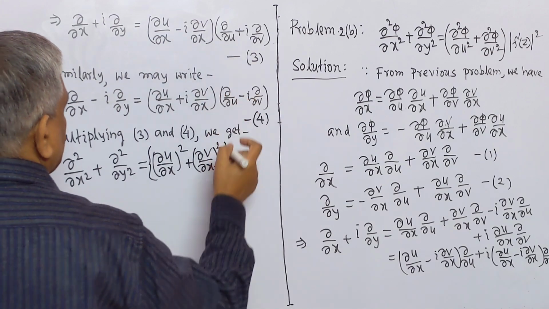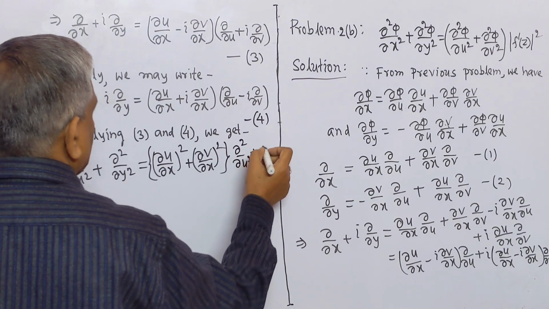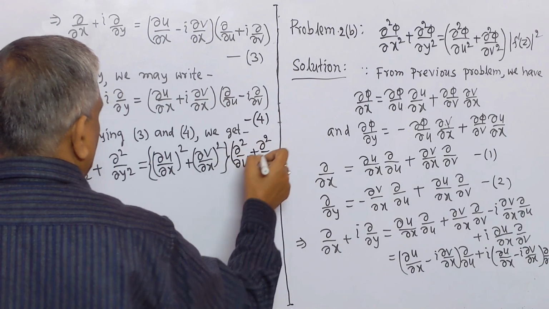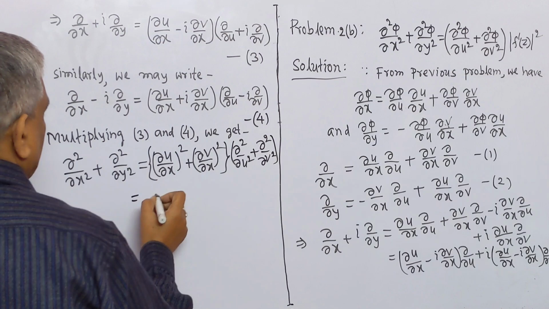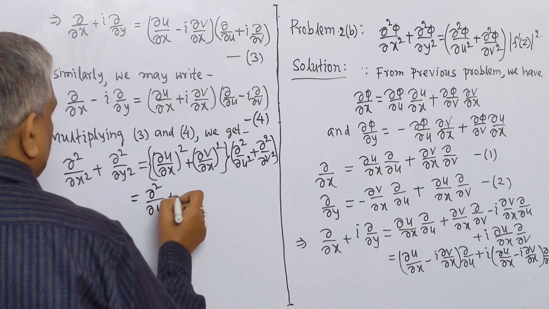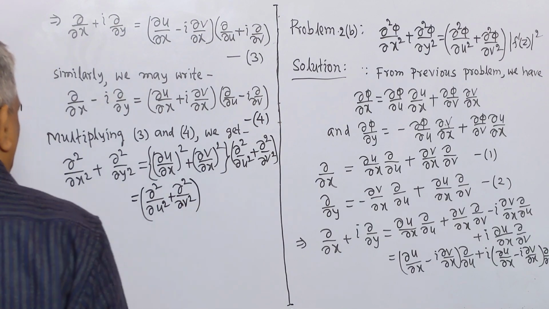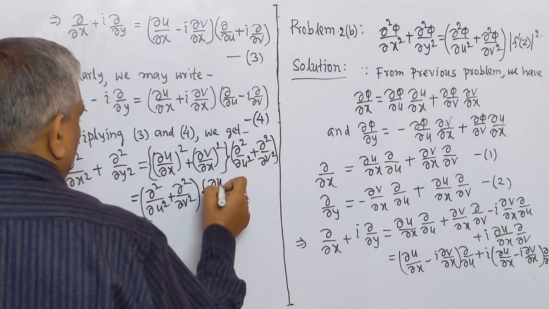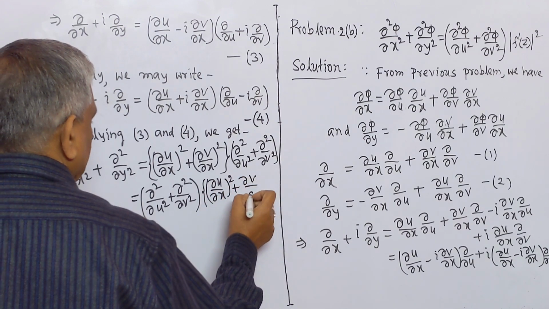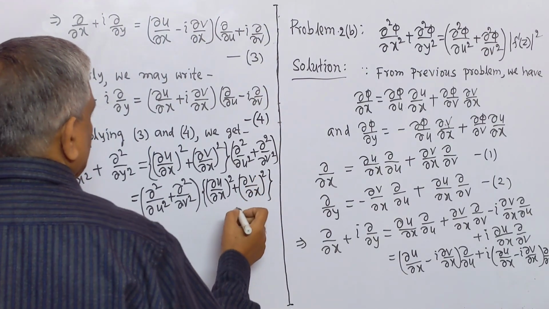Here plus, here minus, so del 2 by del u square plus del 2 by del v square. We may write this as del 2 by del u square plus del 2 by del v square multiply del u by del x whole square plus del v by del x whole square. This is number 5.